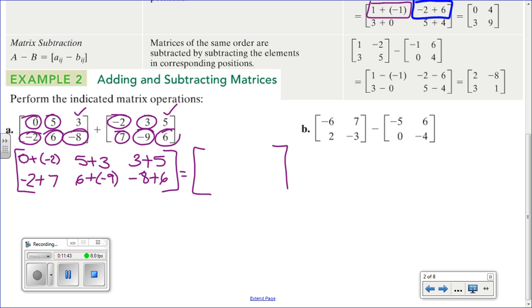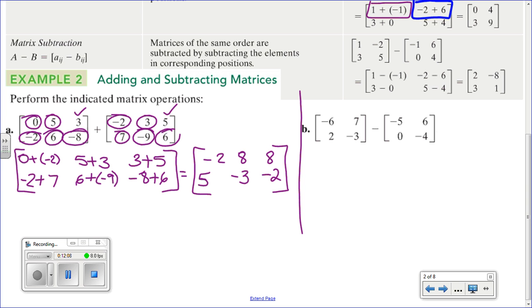And then, of course, we do have to write the answer. So 0 plus -2 is -2, 5 plus 3 is 8, 3 plus 5 is 8, -2 plus 7 is positive 5, actually. 6 plus -9 is -3, -8 plus 6 is -2. And we're done with that. Do we have a question about addition?